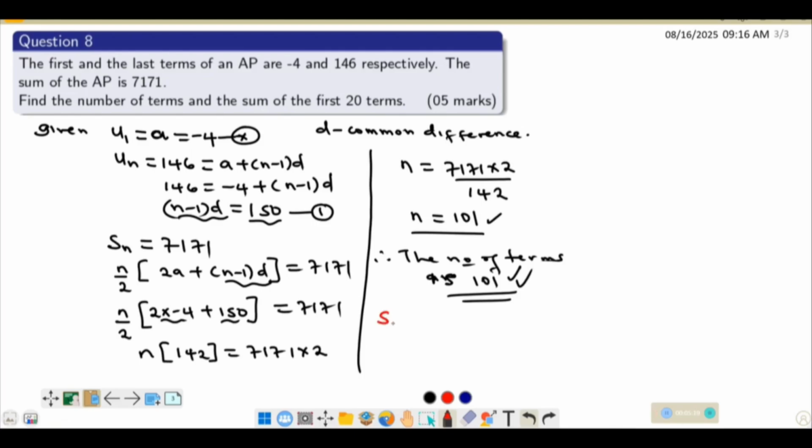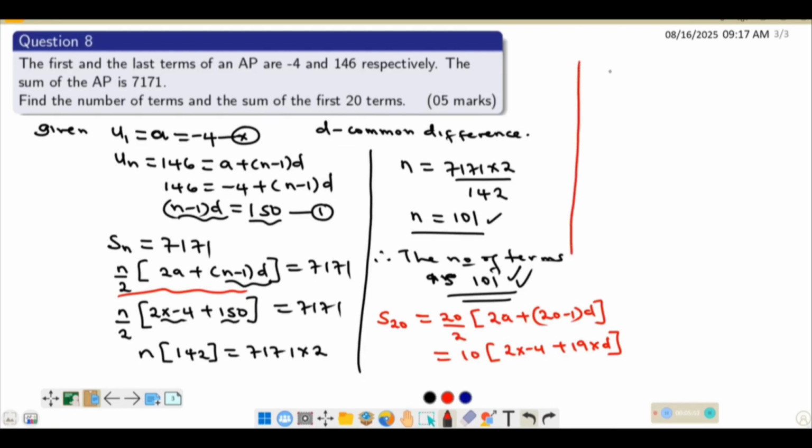We already know how to represent the sum of n terms. So the sum of the first 20 terms is 20 divided by 2 into 2a plus 20 minus 1 into d. This is the same as 10 into 2 times negative 4, plus 19 times d, which gives us 10 into negative 8 plus 19d.